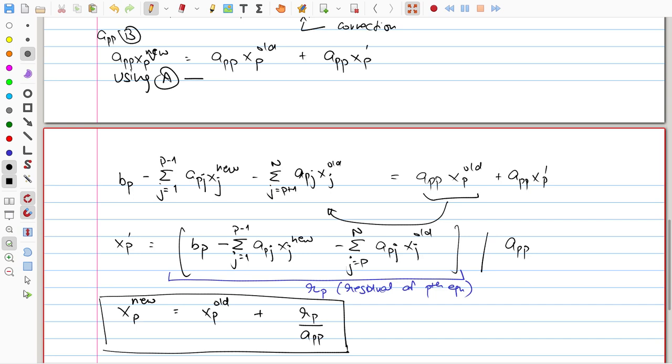Now, Rp is called residual. The word residual means something that is remaining. So, if you look at the term for the residual, for the pth equation, it's the right hand side Bp minus the left hand side.